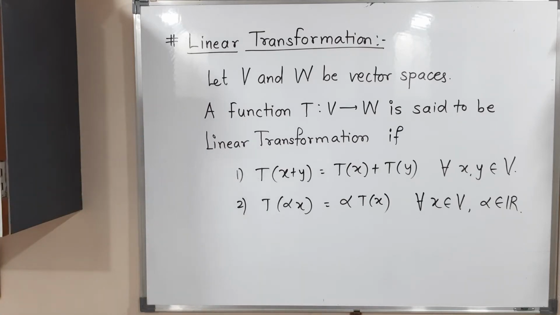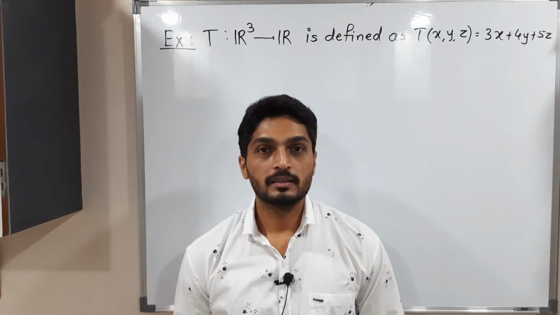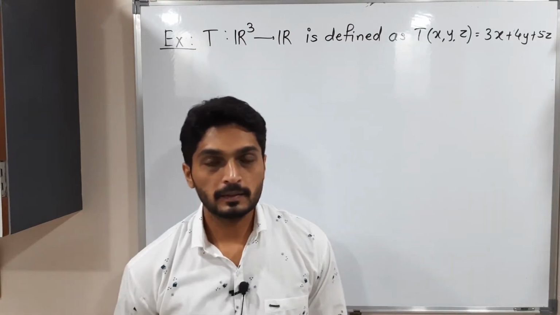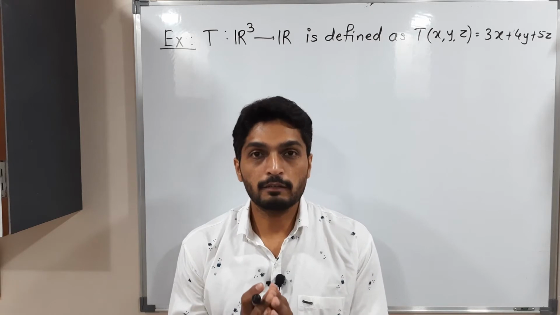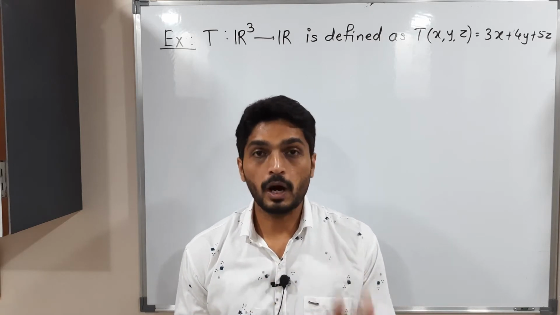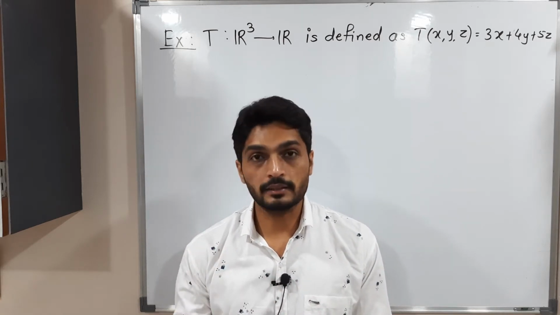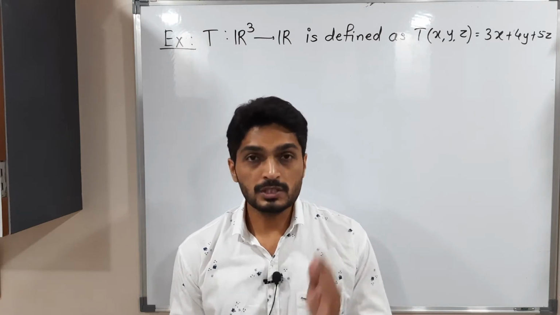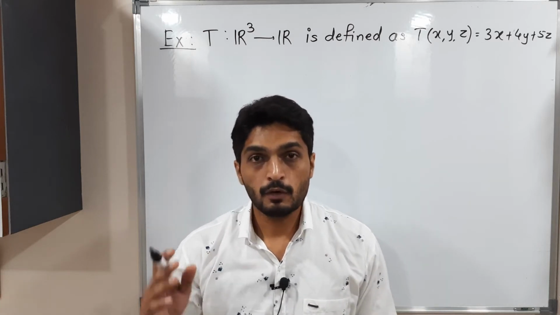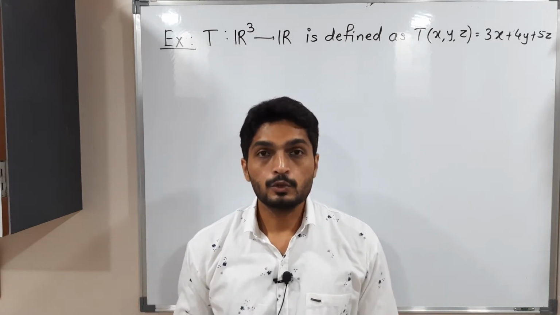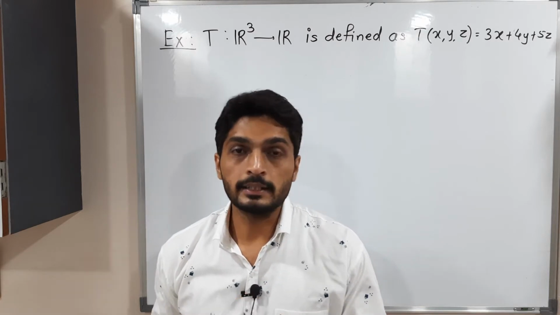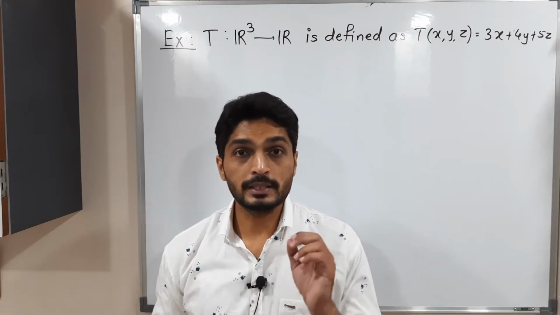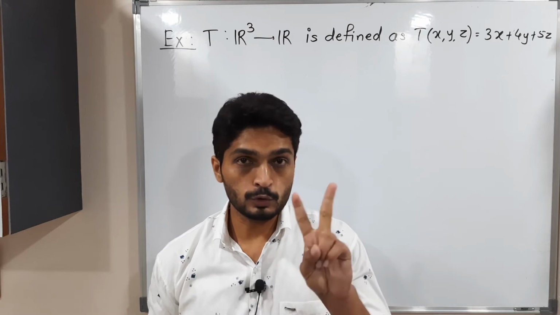After that we will go for one example of it. Let us discuss this example. In this example, we have a function T from R3 to R. So the domain is R3 and the codomain is R, which is defined as 3x plus 4y plus 5z. We are going to prove this is a linear transformation. That means we have to prove T satisfies those two properties.